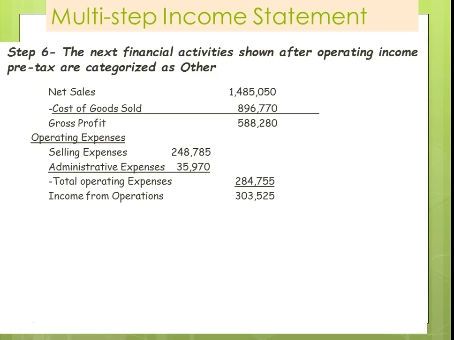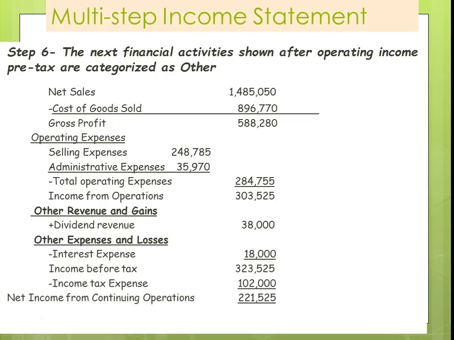Now we can do net income from continuing operations. We're going to have a category called other revenue and expenses. We're going to add our dividend revenue and subtract out our interest expense to get income before tax. Then we're going to subtract our income tax, and now we get net income from continuing operations.